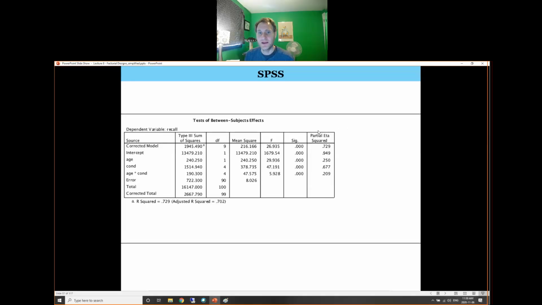They also report the effect size, and what they're reporting here is a partial eta squared. So up to this point, we've talked about eta squared, but we haven't talked about partial eta squared. And the reason is, for the one-way ANOVA, there's no difference. Partial eta squared equals eta squared. For more complex models, they're different.